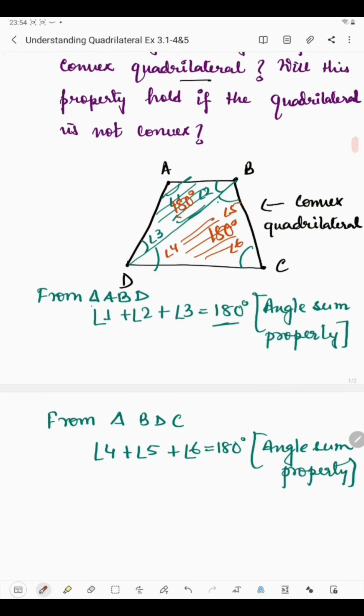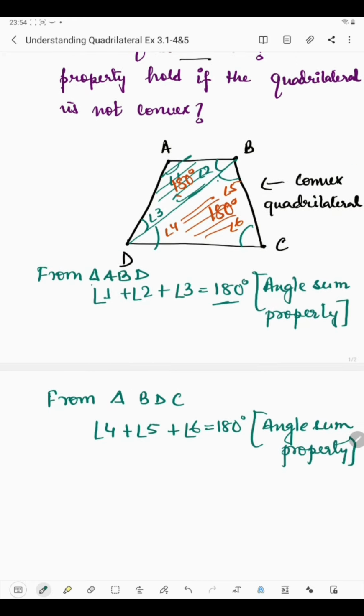If you find the sum of these two, 180 degrees plus 180 degrees will be 360 degrees. So what we have observed is that the sum of angles of a convex quadrilateral is 360 degrees.